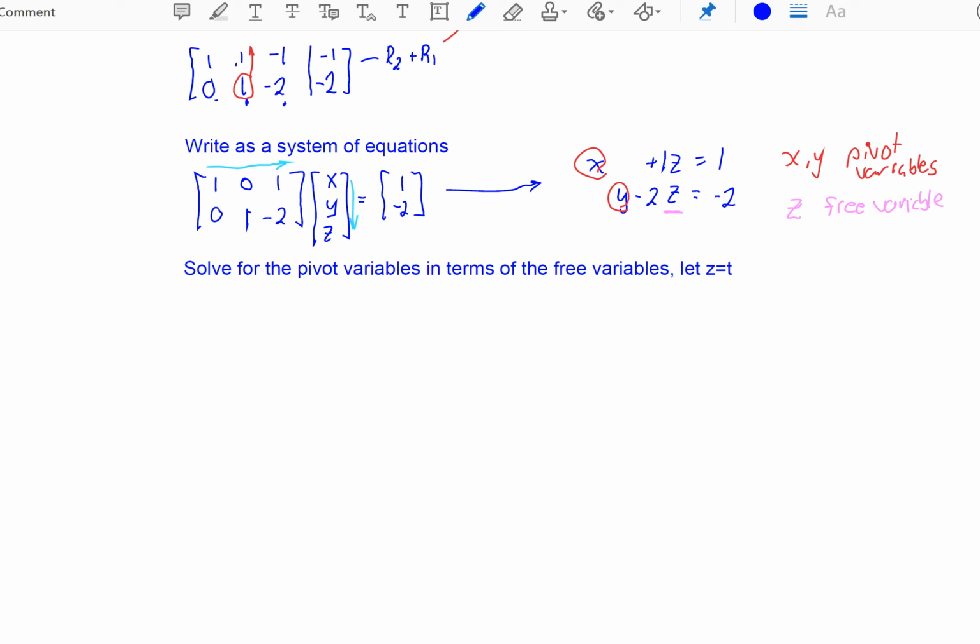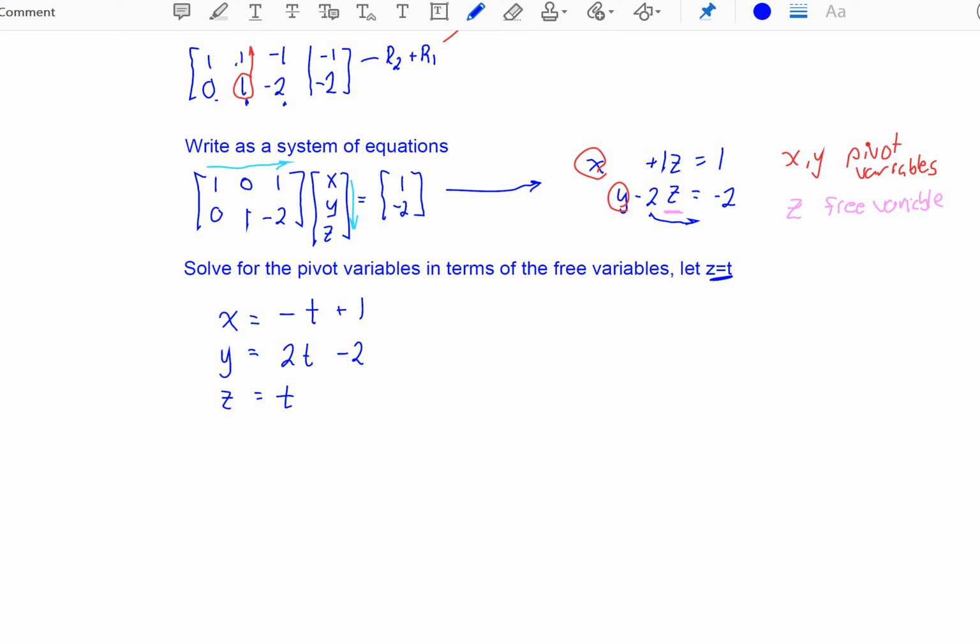So x equals negative z, but I'm really going to let z equal t, so negative t plus 1. y is going to equal, we'll move this 2z to the other side, replace z with t, so it'd be 2t minus 2. And then z is equal to t.